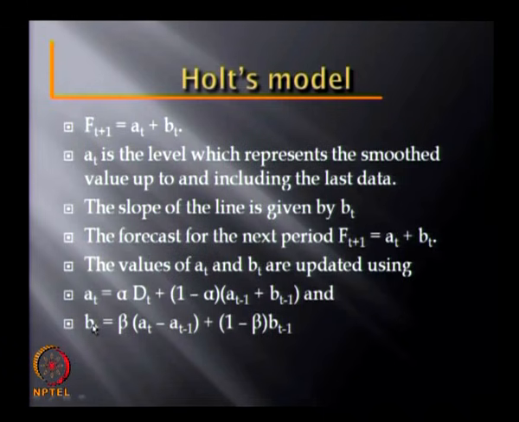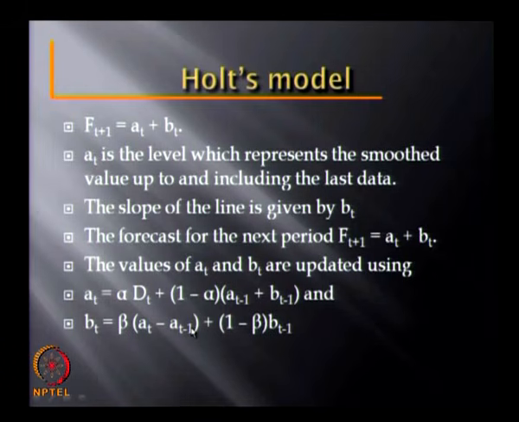Now, b t, which is the slope, also has two components. One is in some sense the component that comes out of the level, and the other is a component that comes out of the slope. So, beta is another exponential smoothing constant like alpha, beta into a t minus a t minus 1.